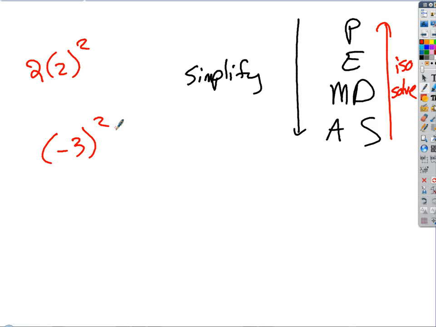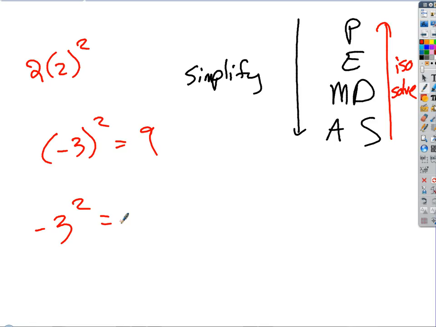Makes sense, because if I look at the power, -3 squared, -3 is my base, 2 is my exponent. Isn't that just saying -3 times itself 2 times? So that is 9. Now what's this? -9.